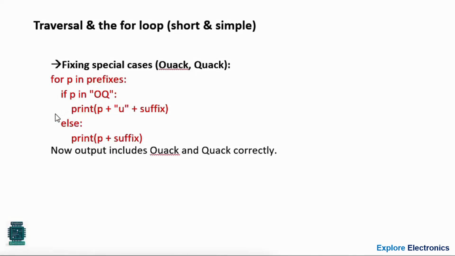If I have this, it will print this one only and end. In this example, I have O and Q, that's why it will print OUACK and QUACK in the output. I think you are very clear with it and how to access particular data or elements from the string.